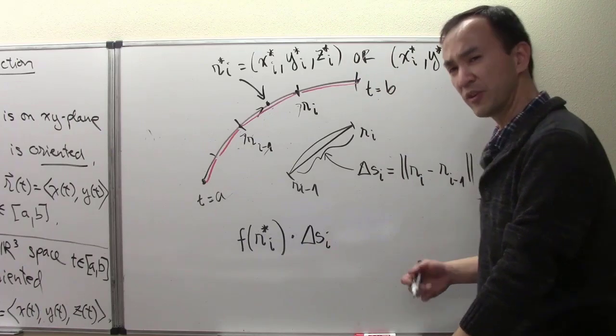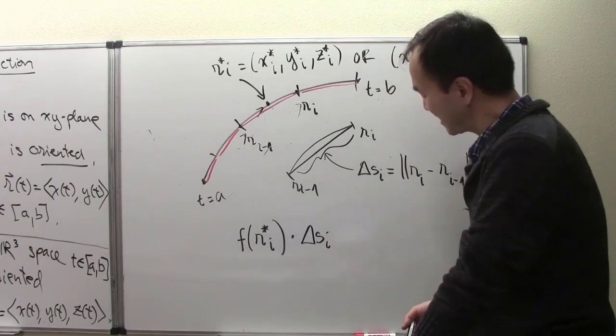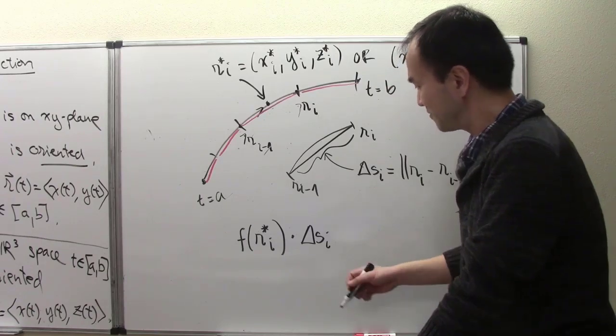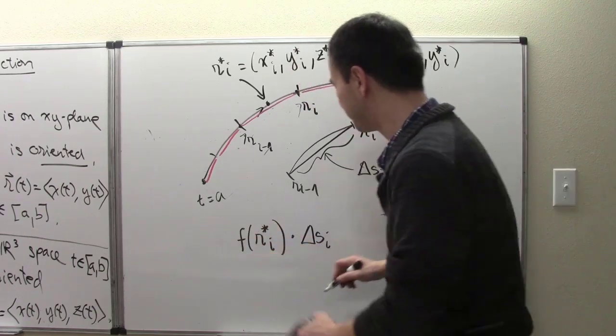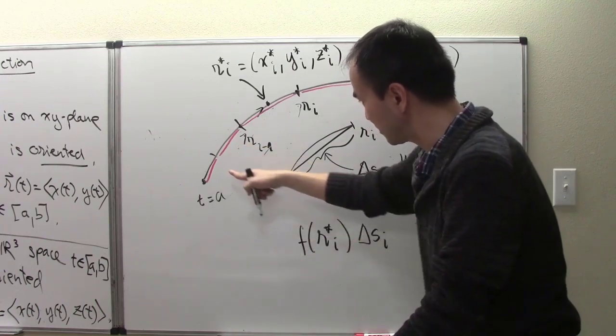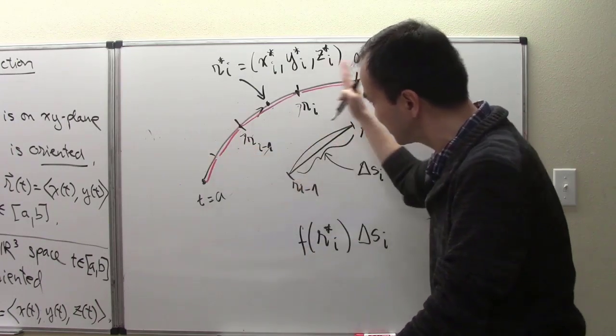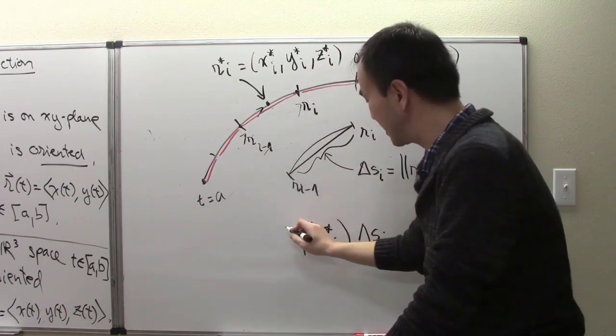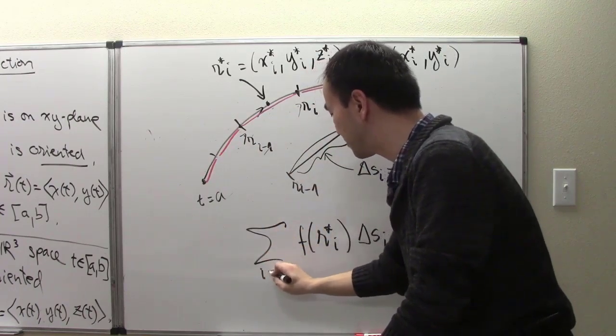We multiply that, and we get some kind of quantity. And then we're accumulating all of them, by summing up. So now you have to understand, if you break this arc of yours into 1, 2, 3, 4 subintervals, then you're going to have to sum it all from i going from 1 to 4.